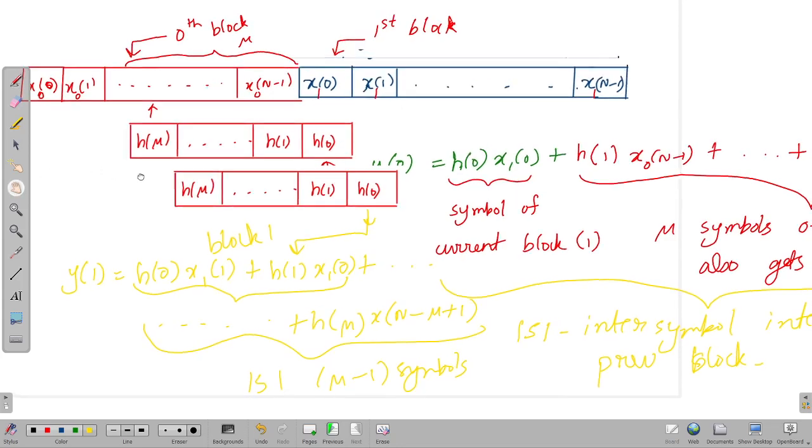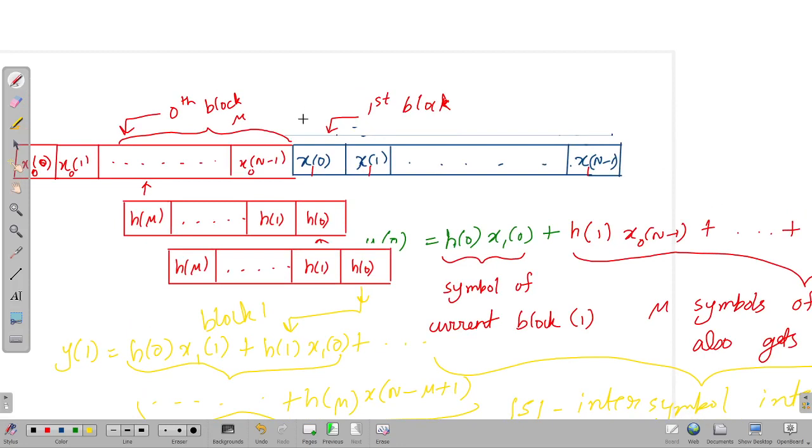So x1 of 0 has ISI of mu number of previous symbols, x1 of 1 has ISI of mu minus 1 number of previous symbols, etc. This can go up to which case?